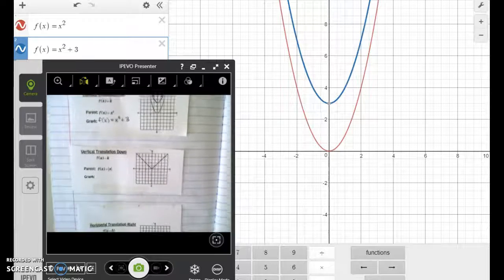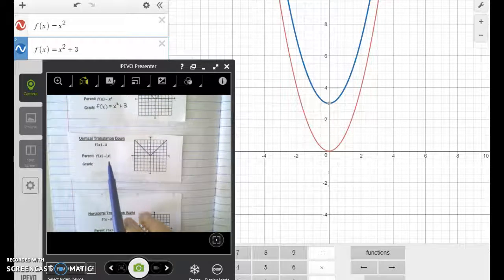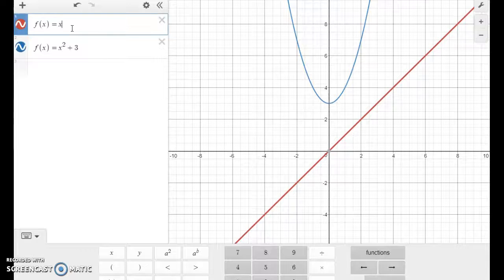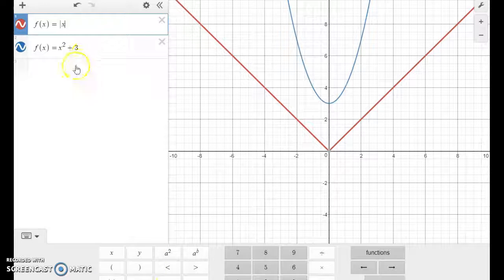When we went down, it was just the opposite, and here we're looking at the absolute value function this time. And here we're subtracting a value. So if I show you guys that again in your calculators, let me get the absolute value function here. So I got to click on absolute value of x. There it is.